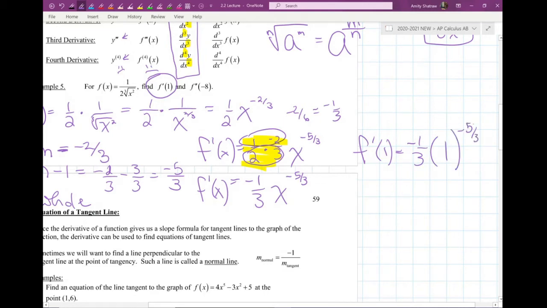The glory of taking 1 to any power is when you multiply 1 times 1, you get 1, even with a fractional exponent. So what I'm going to end up with is just a negative 1/3. Ta-da.